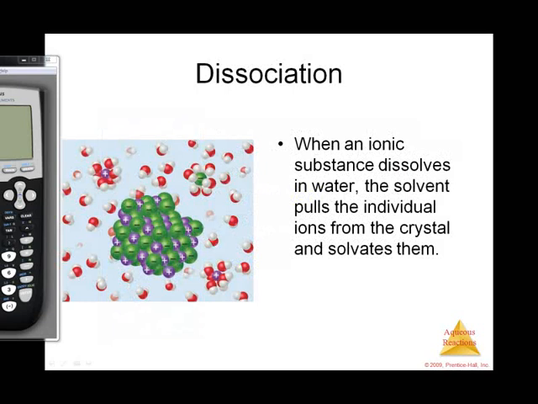The more positive side surrounds this negative ion, let's say a chloride ion, and plucks it off. On the other hand, the more negative side of the water surrounds the sodium and plucks that off. It solvates them. We call the process dissociation. So when an ionic compound comes apart in water, we call it dissociation.